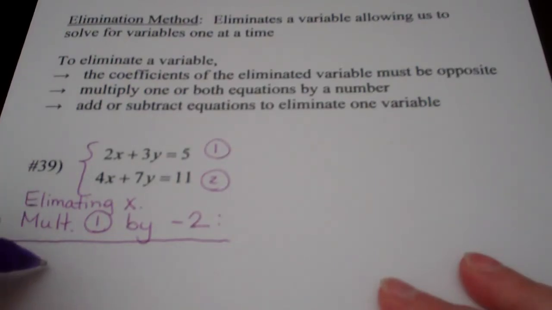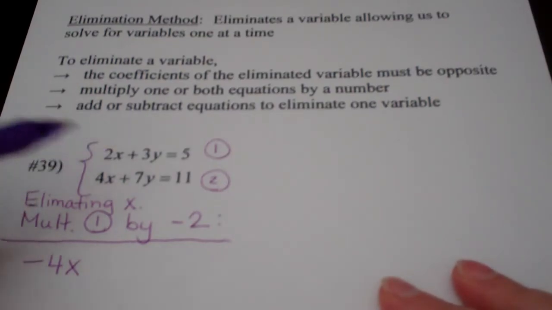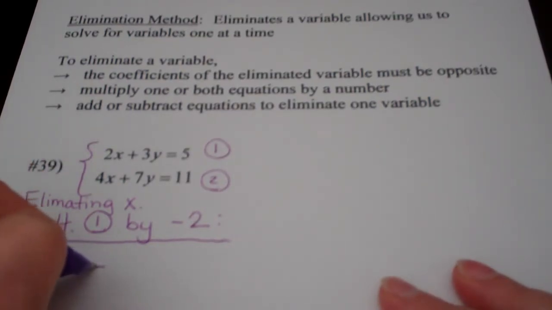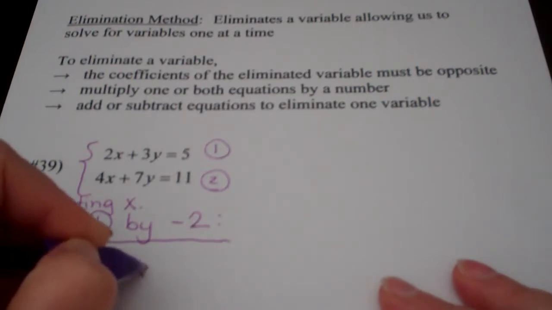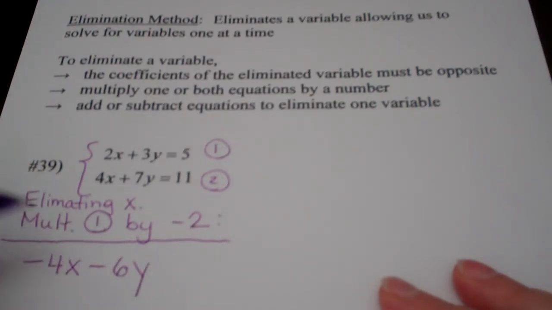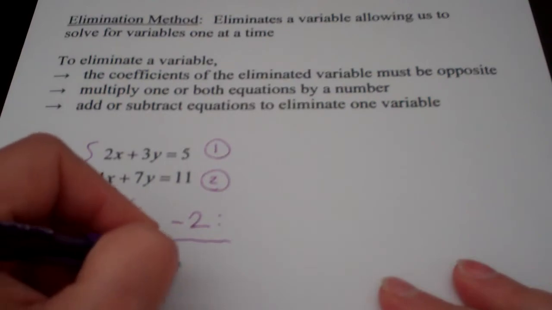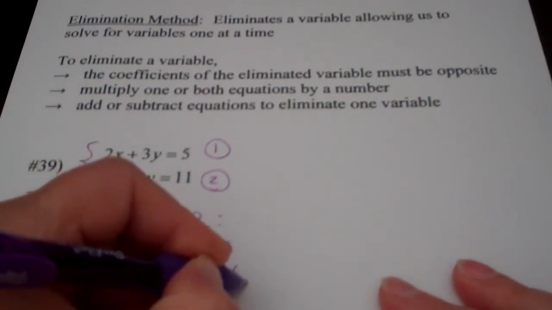Okay, so we're going to move on and multiply equation number 1 by -2. Even though I'm focused on the x's, I need to multiply the whole equation by -2, not just the x value. So I'm going to end up with -4x minus 6y equals -10.